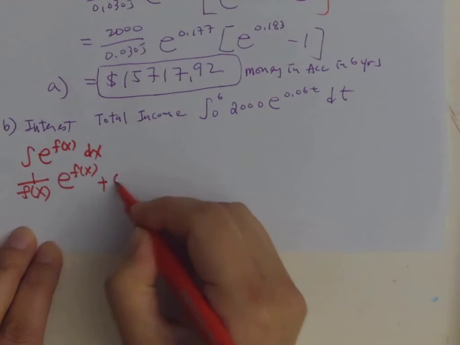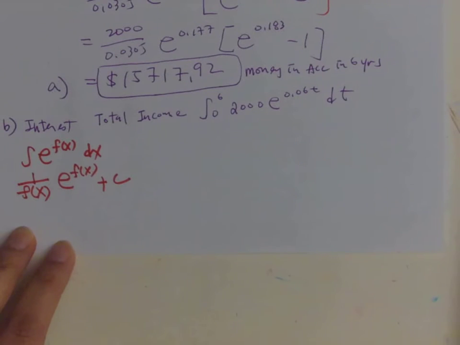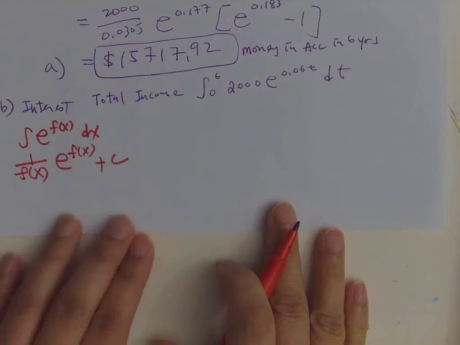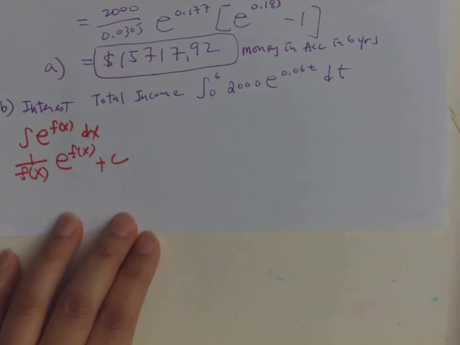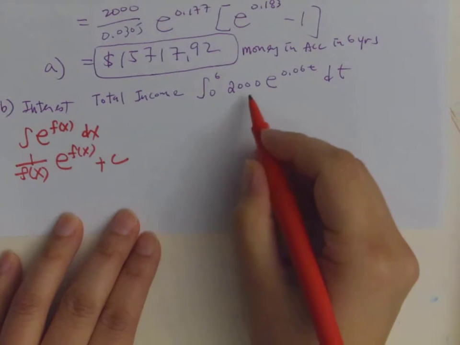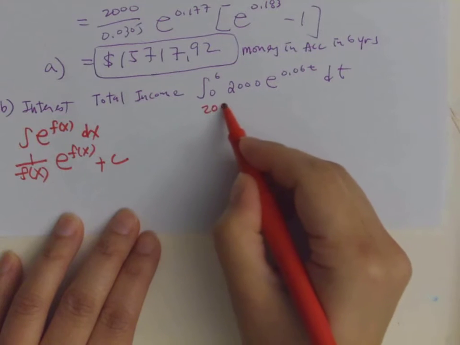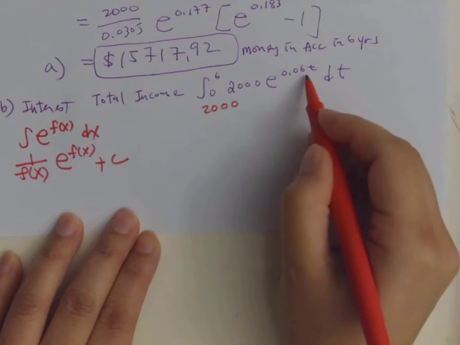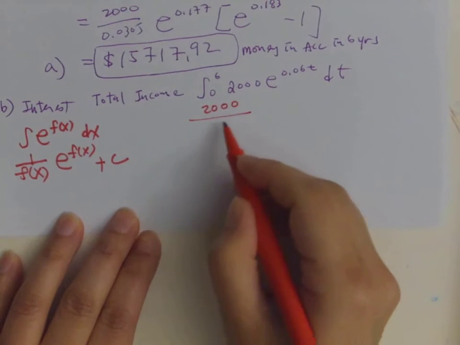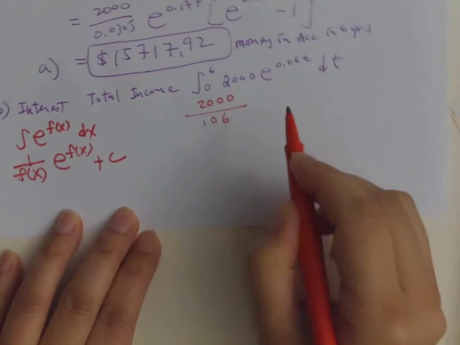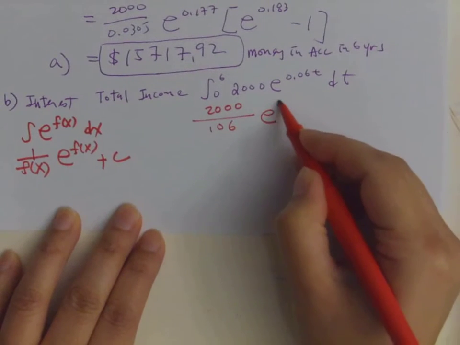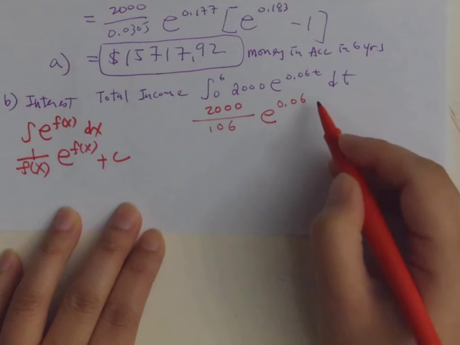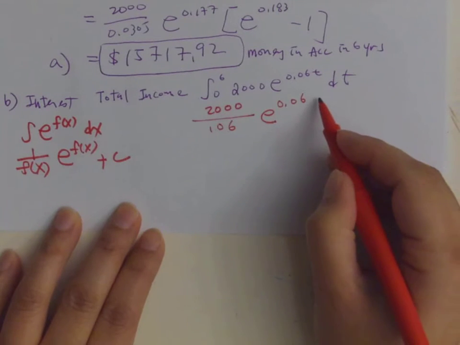And then normally you will have C if it's indefinite. So if you want to do that, it's okay, because this question is really long and I'm running out of space, so I'm going to show you how that works. The 2000 is going to get pulled out, right? When you take the integral, if I don't do substitution, basically that means 0.06 over here, and then it's going to be e^(0.06t).